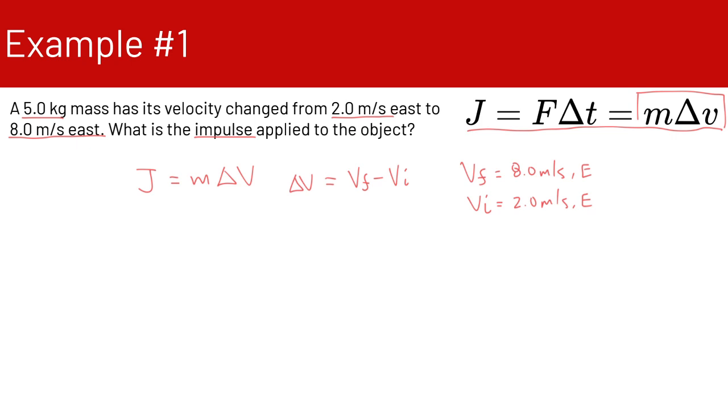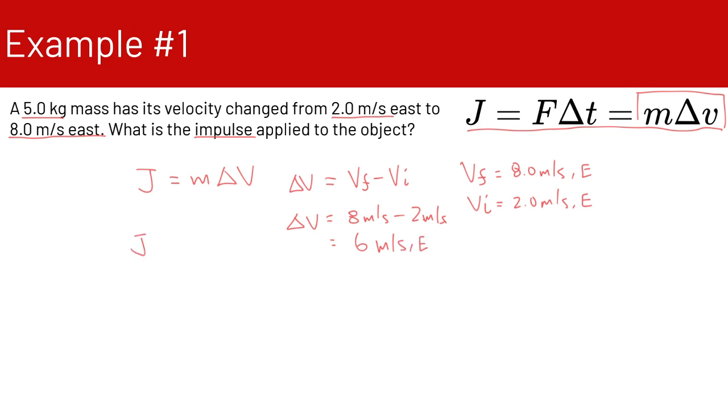So then our delta V is equal to 8 meters per second minus 2 meters per second. So our delta V is 6 meters per second east.